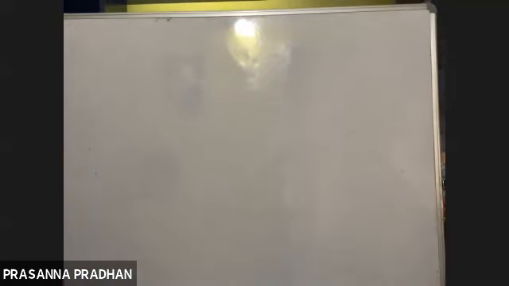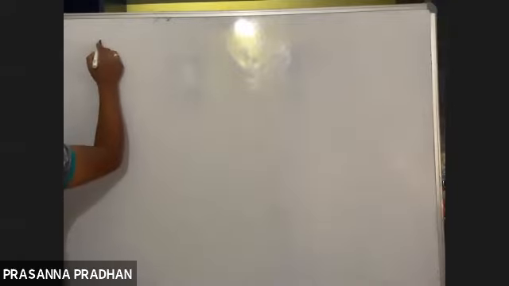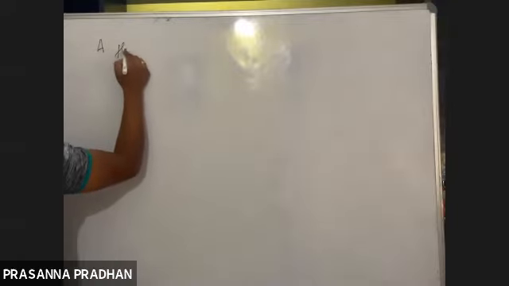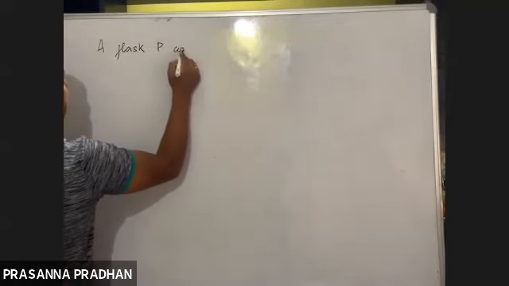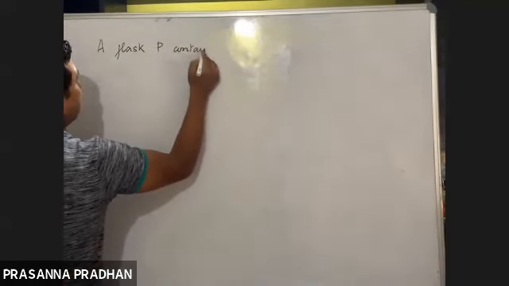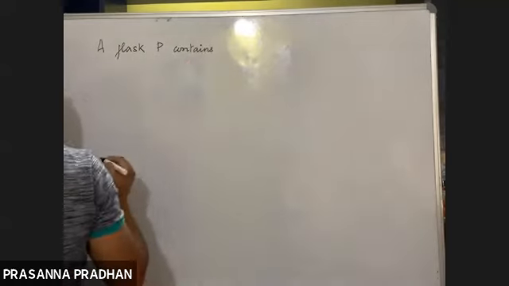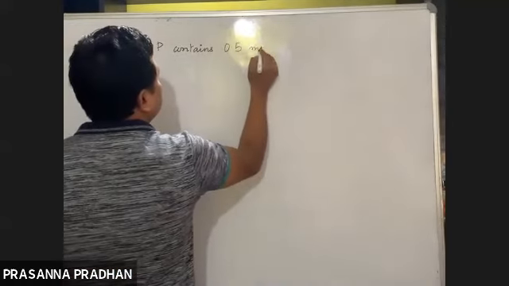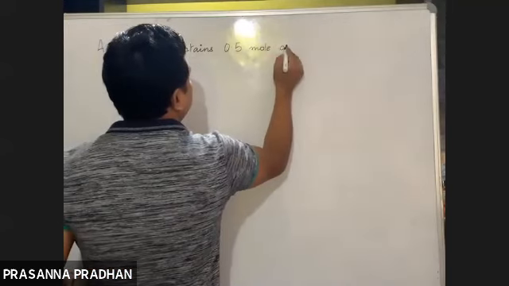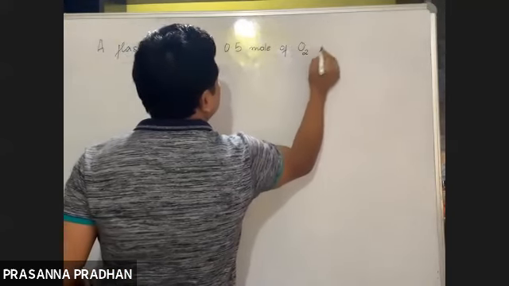So you just write down a problem here. A flask P contains 0.5 mole of oxygen gas.